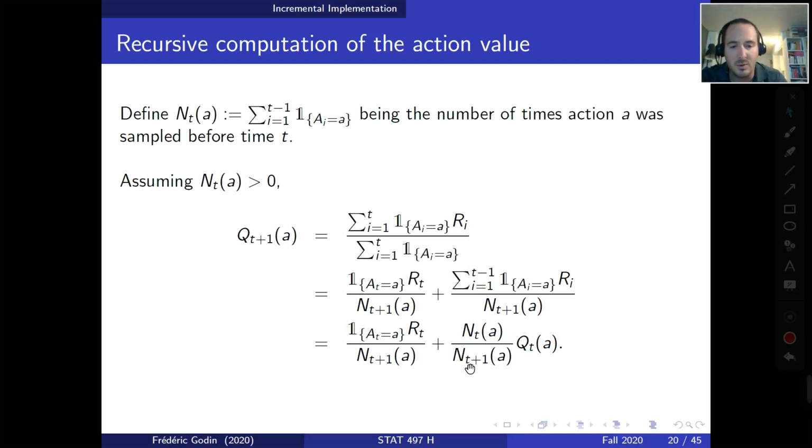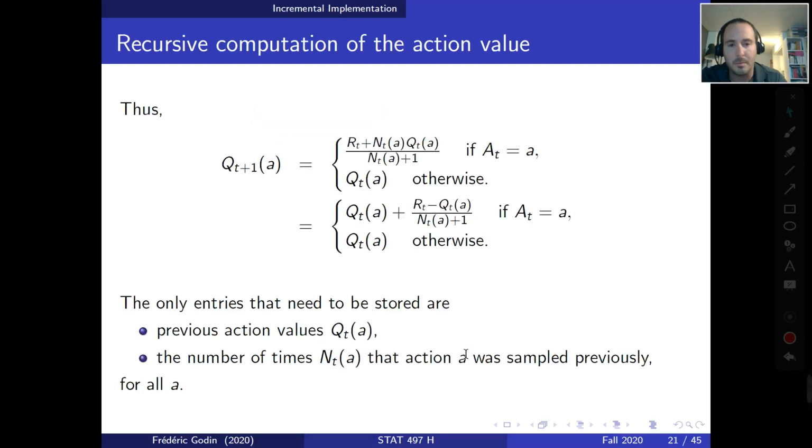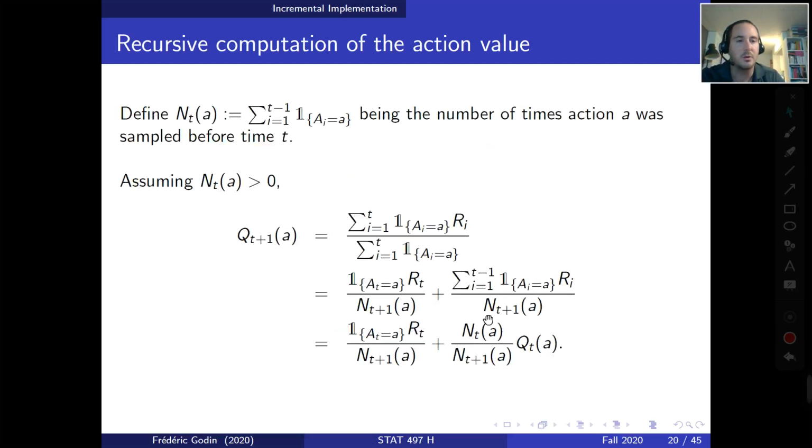Okay, so let's rewrite this a bit. Here there are two possibilities. Maybe I'll write them here. Possibility 1 is, let's say, A_t is equal to a.